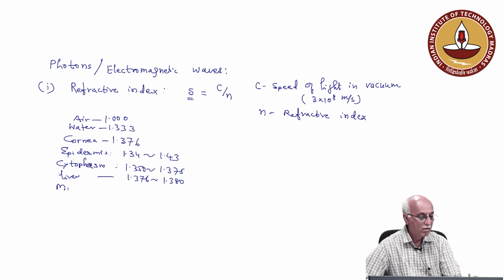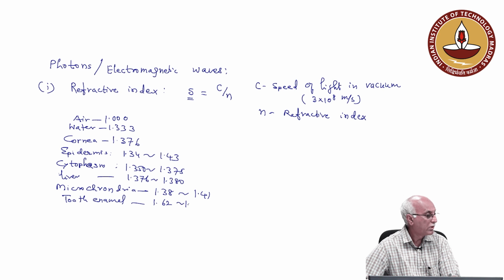Mitochondria, which is related to the cellular level, is 1.38 to 1.41. And tooth enamel has a refractive index of 1.62 to 1.73. There is one more important characteristic associated with tooth enamel, its birefringence.